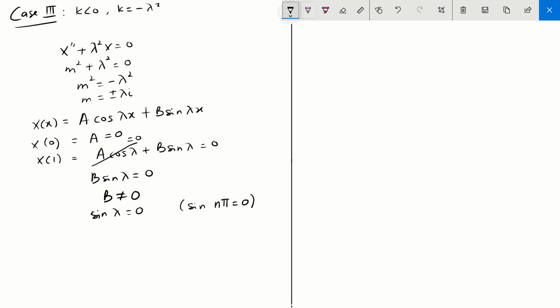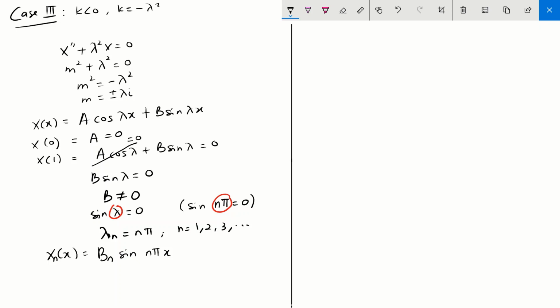Therefore, comparing the angle, the value of lambda n is equal to n pi, where n equals 1, 2, 3, and so on. Therefore the solution of X is equal to B sin n pi x. Since we write it in series, X_n is equal to B_n sin n pi x.